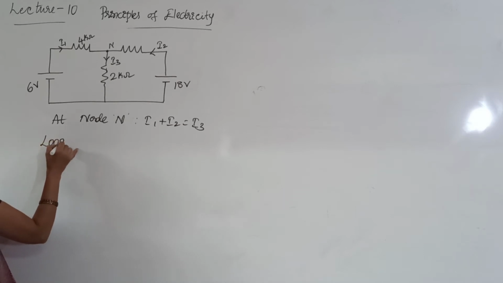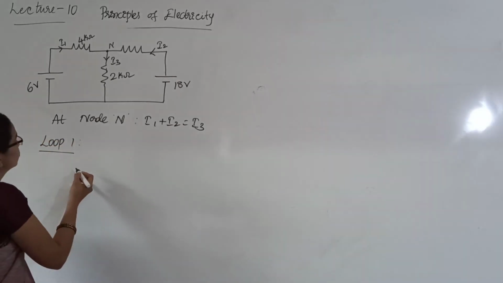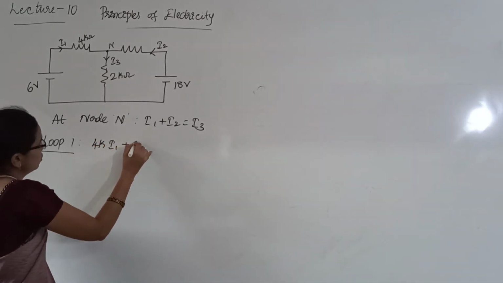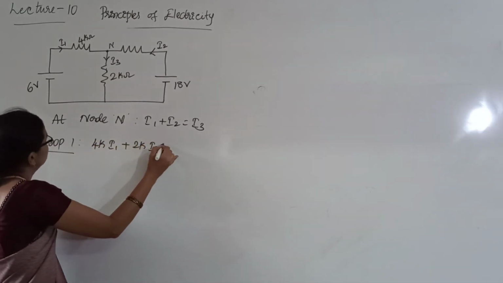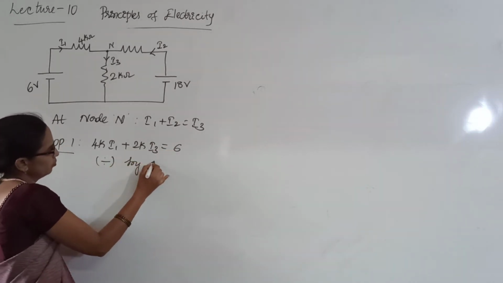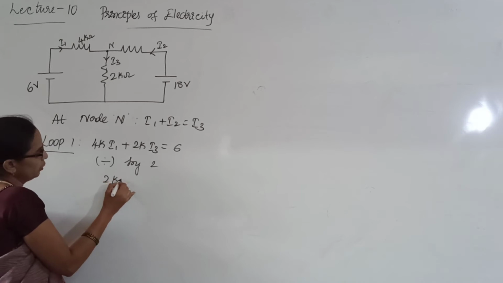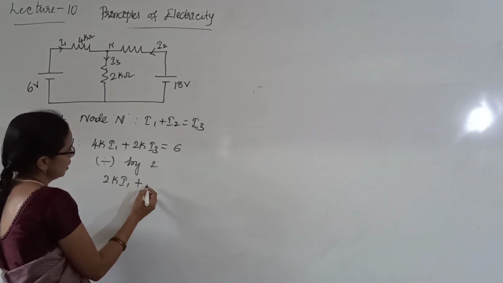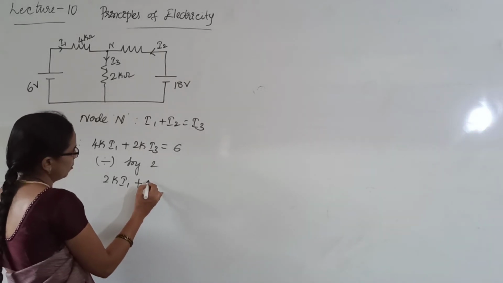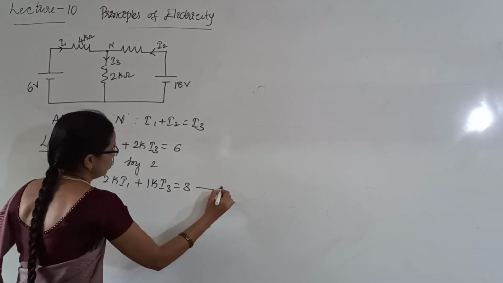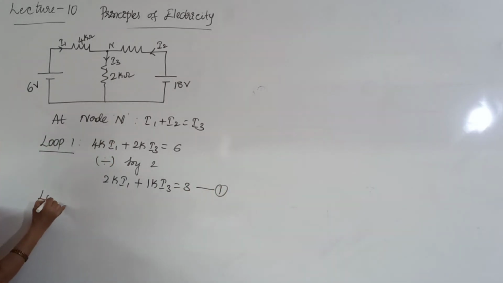Applying KVL for loop 1, 4K into I1 plus 2K into I3 is equal to 6. Divide this equation by 2. 2K into I1 plus 1K into I3 is equal to 3. Call this as equation number 1.